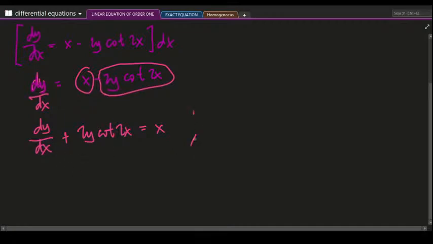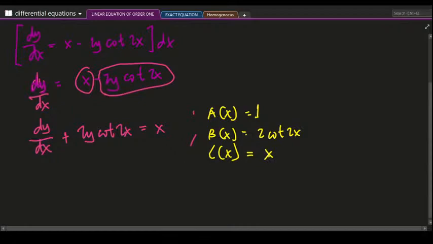Our a of x is equal to 1, our b of x is equal to 2 cotangent 2x, and our c of x is equal to x.